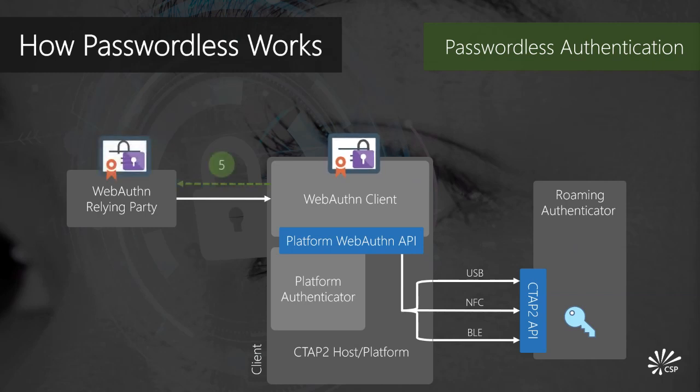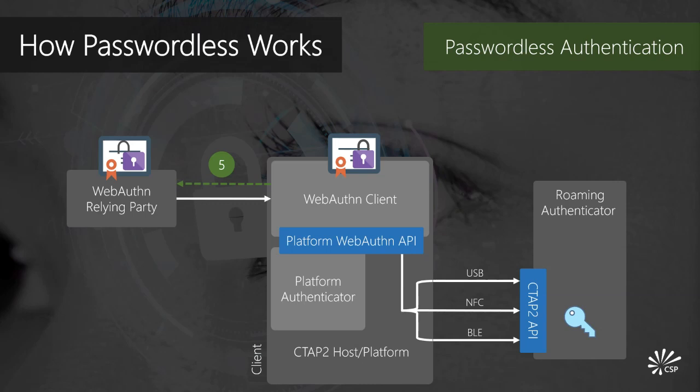Azure AD is going to see that response, and when it receives it, it's going to do a couple of things. It knows the public key associated with the credential, so it's going to use that public key to validate the digital signature on that nonce data. It's then going to validate that that nonce value matches the original nonce value that was generated at the very beginning of the passwordless workflow.